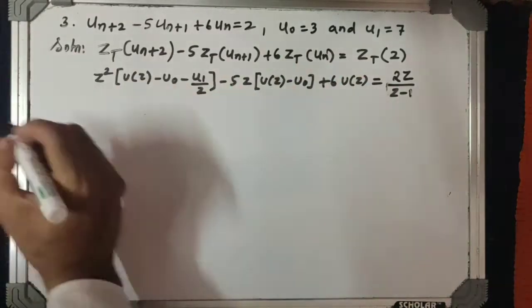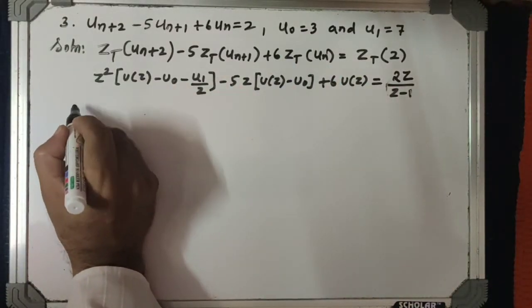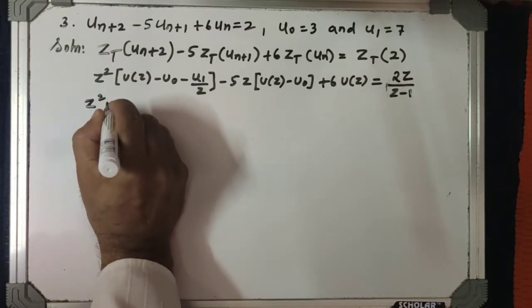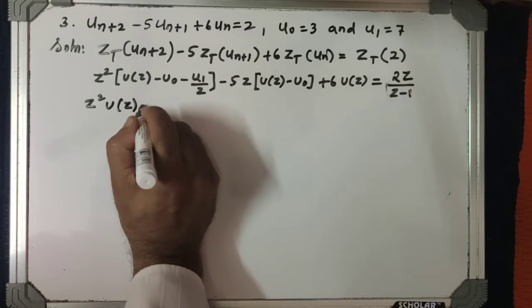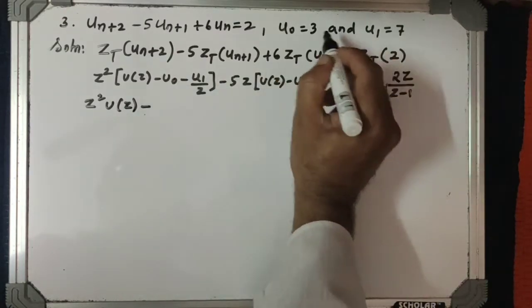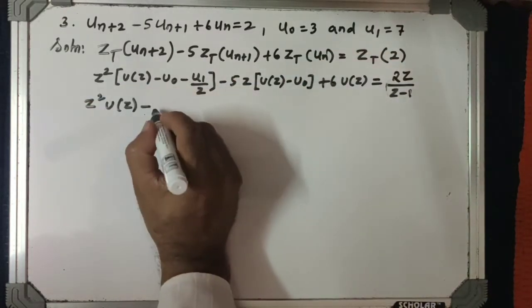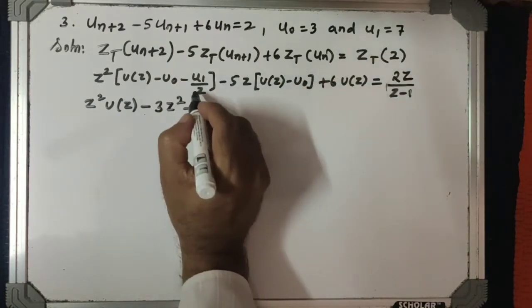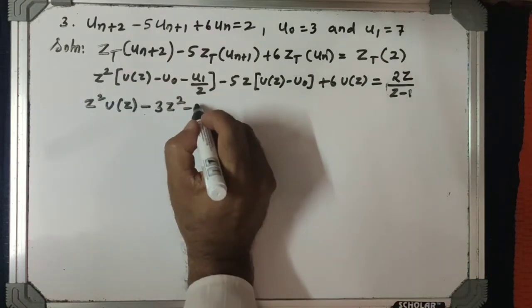So therefore we have z square into U(z) minus u0 is 3, so 3z square, minus u1 is 7, 7 divided by z into z square is 7z.